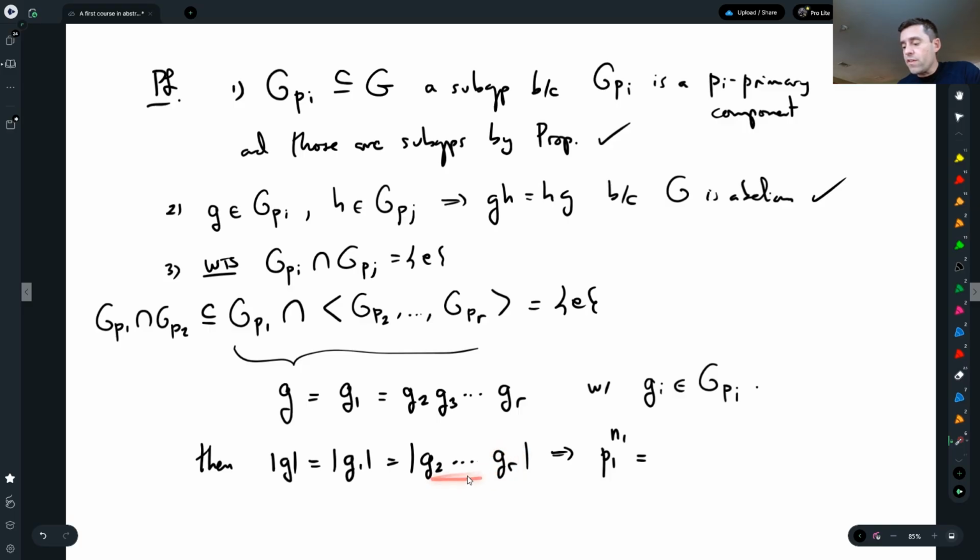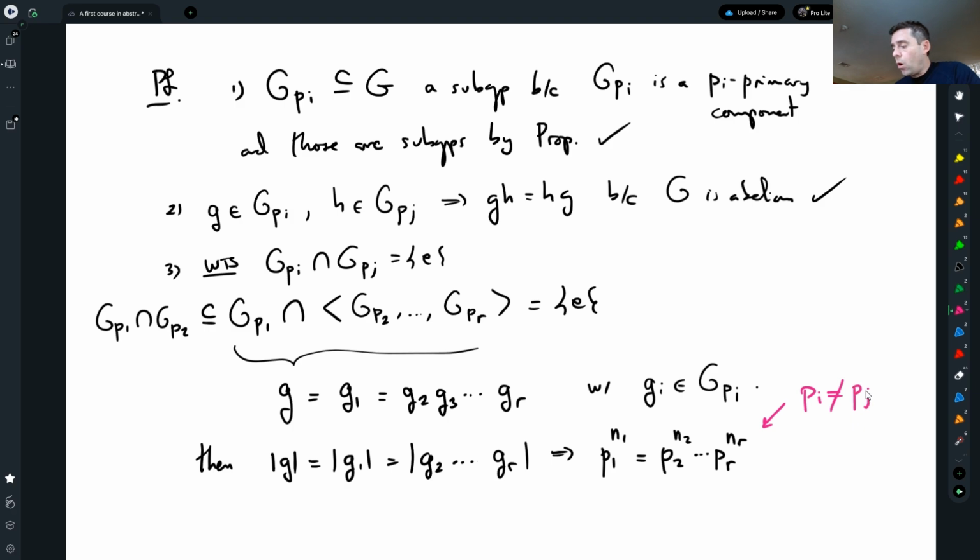So the order of the right-hand side is a product of powers of primes from p2 to pr. But now these are all distinct primes. All the primes are different, and we have the fundamental theorem of arithmetic.